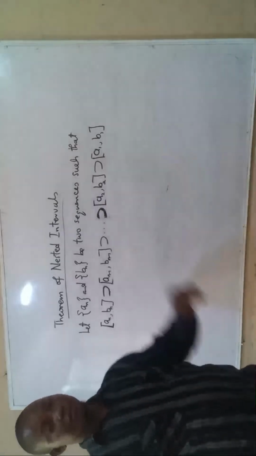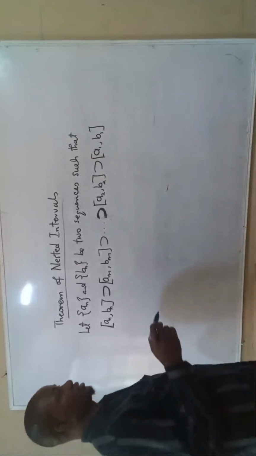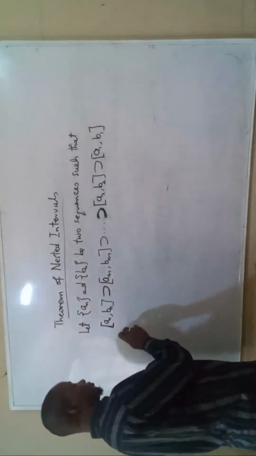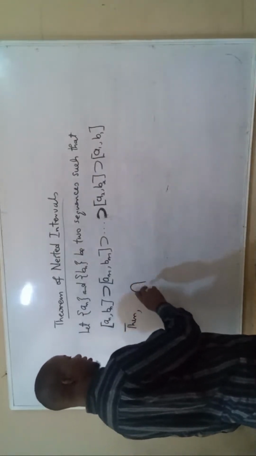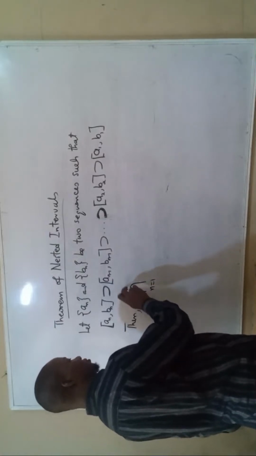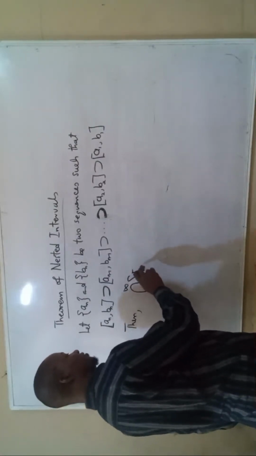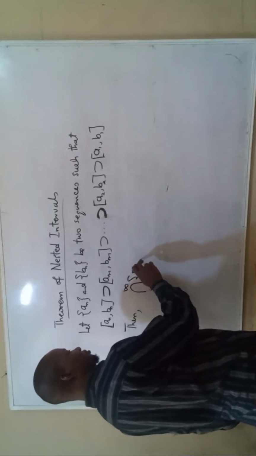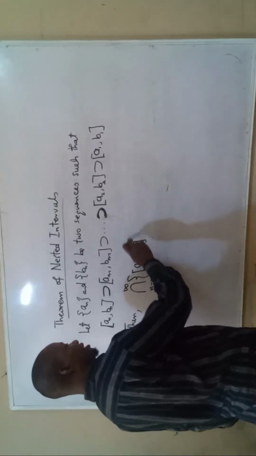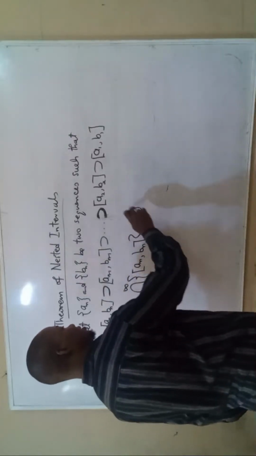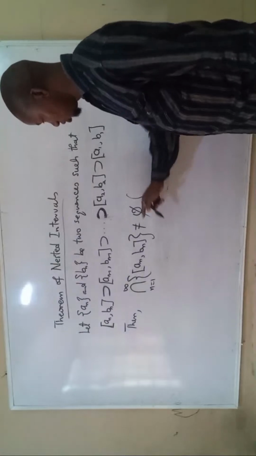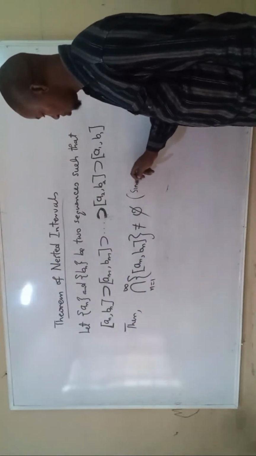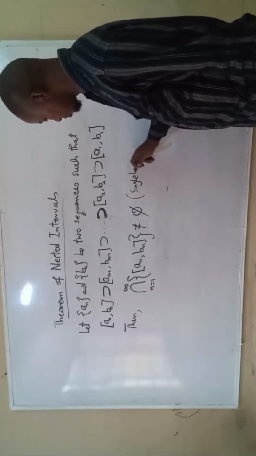So what this theorem is now saying is that if this happens, then the infinite intersection of these intervals is never empty. Moreover, non-empty means there is a single element in the nested interval.